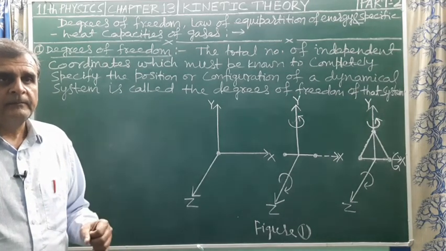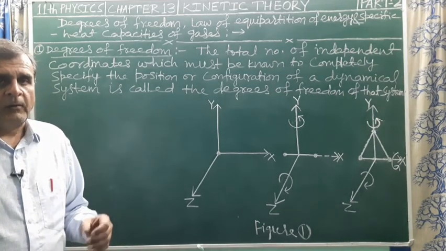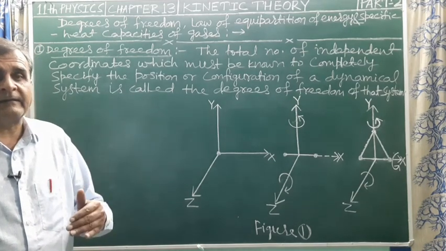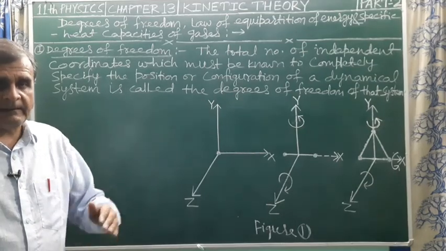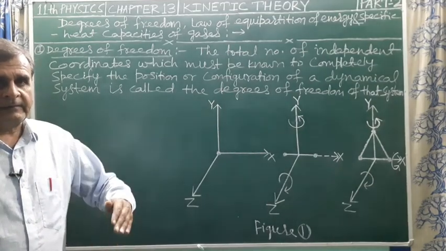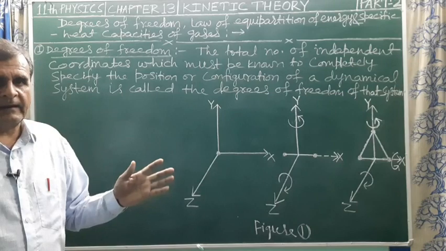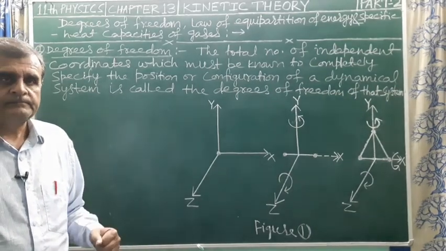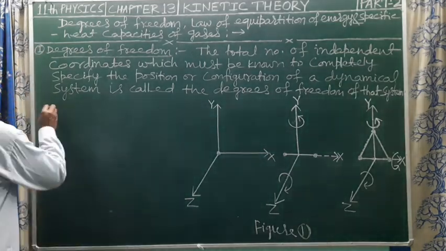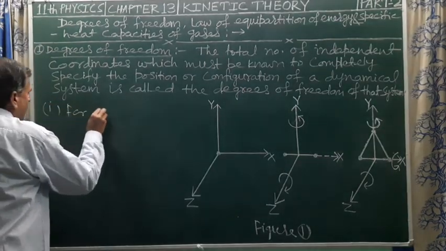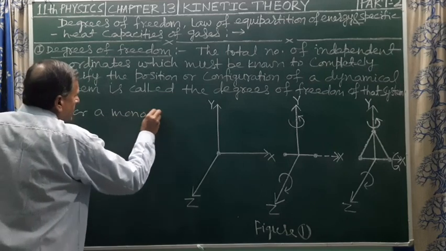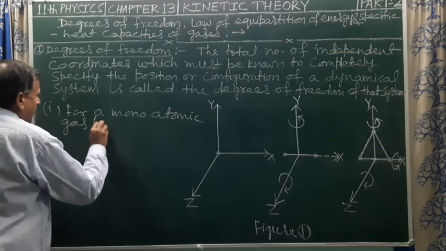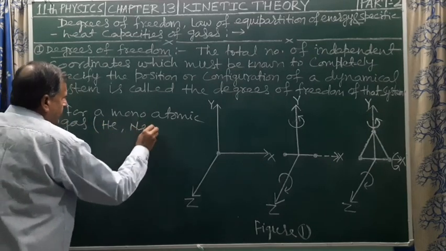So degrees of freedom for a monoatomic gas are three, that is three translational degrees of freedom, along x-axis, along y-axis and along z-axis, that is in x-y-z plane. So write down for a monoatomic gas, for example helium, neon, argon, etc.